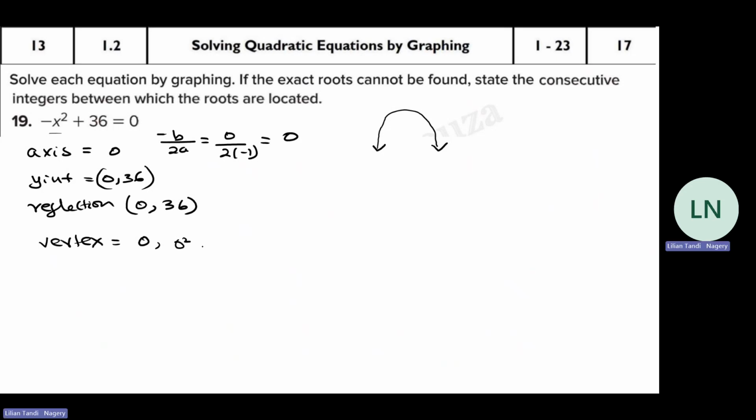Zero squared plus 36, 0.36. This graph is very weird. Why are all these numbers the same? Very, very weird. That's the graph you choose.